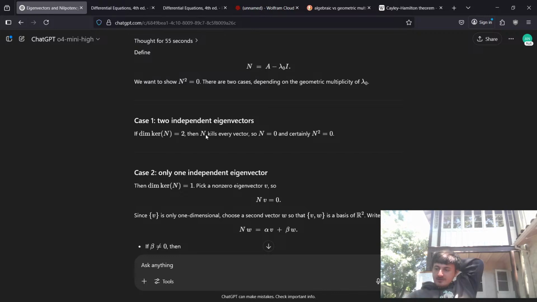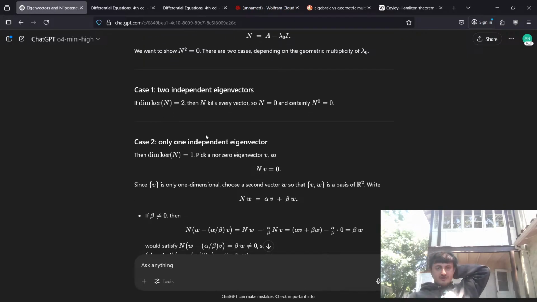Pick eigenvector V, then by definition NV is equal to 0. Since V is only one-dimensional, choose a second vector.